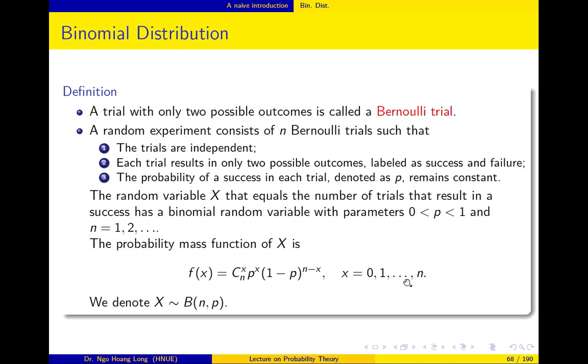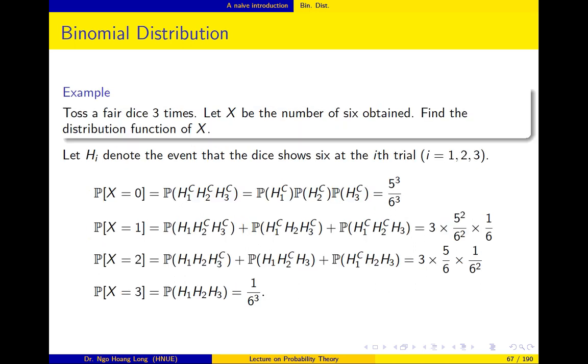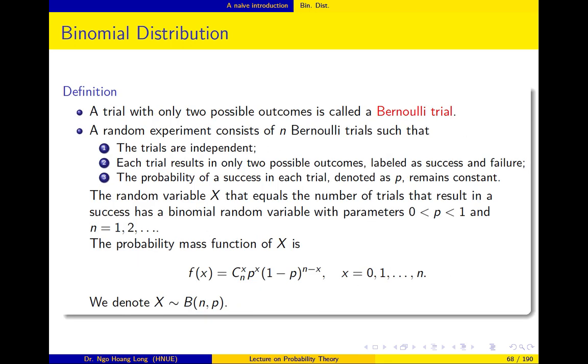Okay, so in the previous example, how many trials do we have? In this example, we have 3 trials, and the probability of success in a trial p is 1 over 6, right?